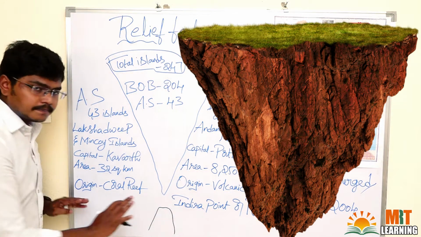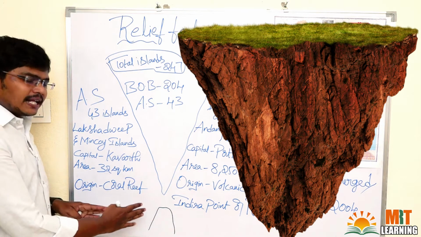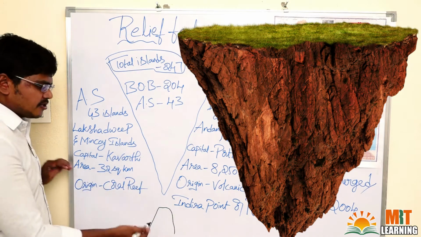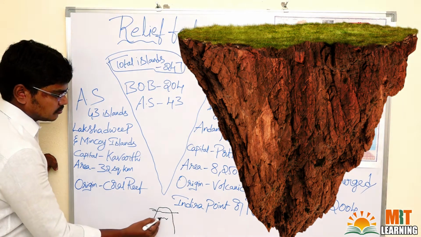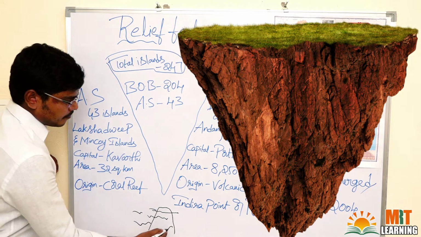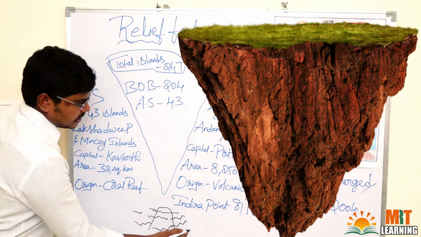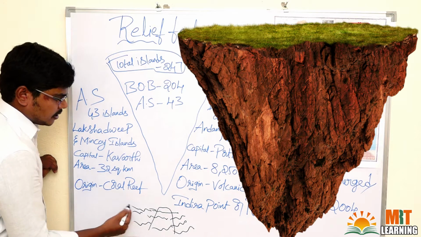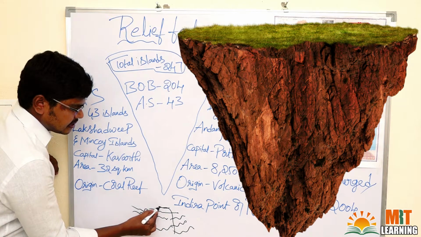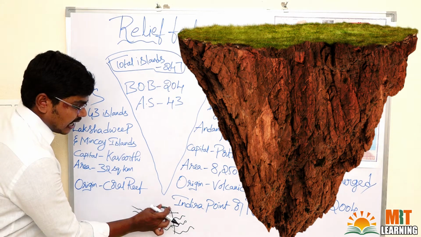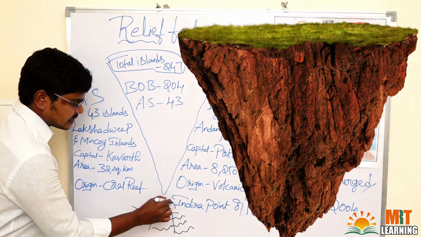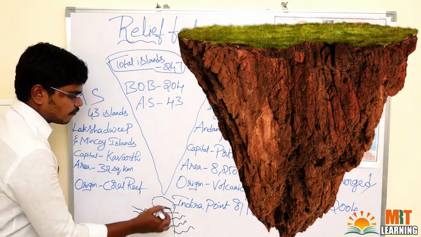So this is a mountain. What happened? This mountain is submerged up to the topmost layer. So it is all covered with water, and this top layer is there, and this top layer is considered an island. This is the land and it is covered on four sides with water.